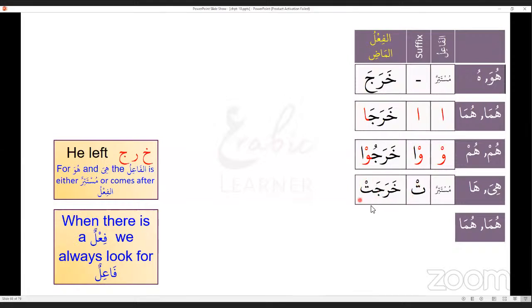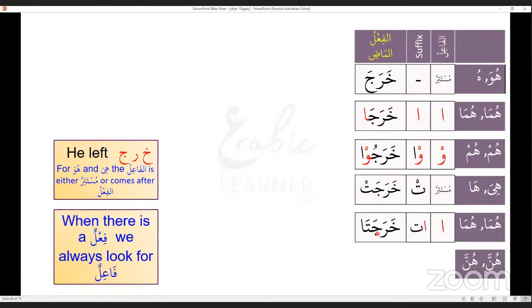Ta is just added to show that it is related to muannas, okay, feminine. Kharajata, again here, alif is added as a fa'il, but ta is there to indicate that it is related to two persons, two girls. Okay.